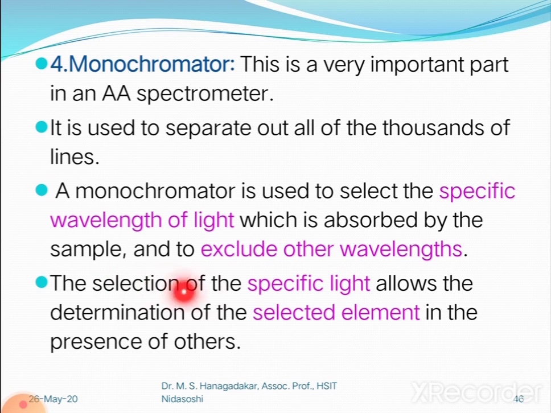The selection of the light allows the determination of the selected element in the presence of the others. It means the particular element has a particular monochromator. It will permit the particular wavelength of light radiation for the particular element which is to be estimated, and unwanted radiations are prevented from passing through the monochromator.